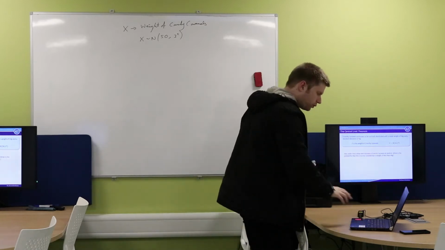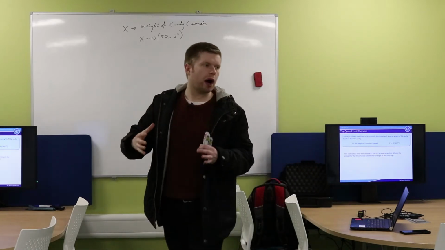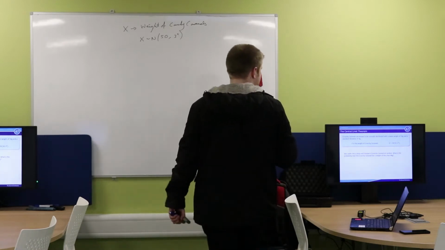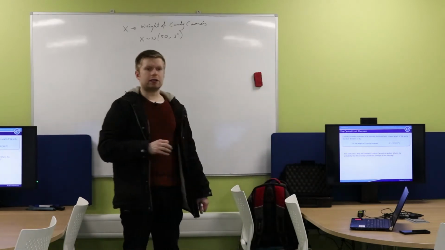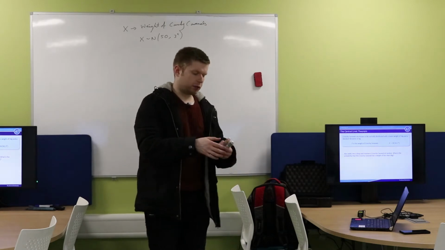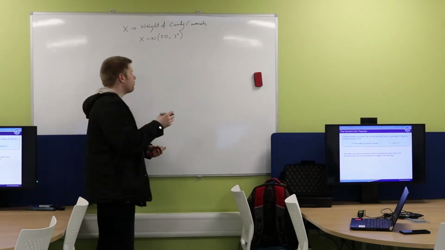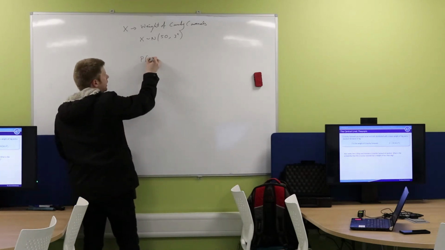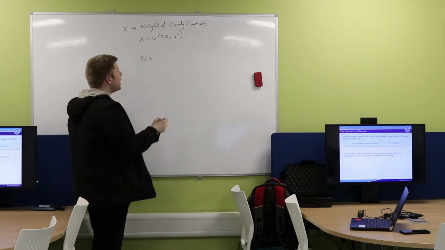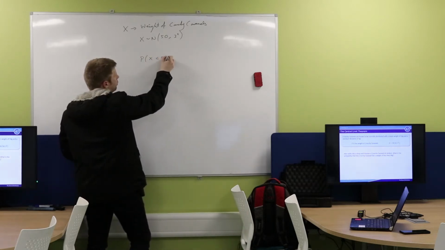So here's what I want to do. Let's suppose that I walk into a shop and I choose a crunchy caramel at random. So I just choose one of these chocolate bars at random. I want to know, what is the probability that this crunchy caramel has a weight of less than 48 grams? Okay? So can you have a go at that for me? Can you find me the probability that the crunchy caramel that I select is less than 48 grams?